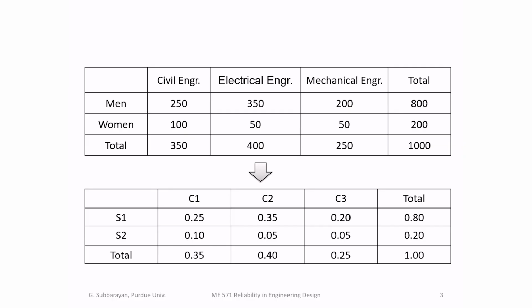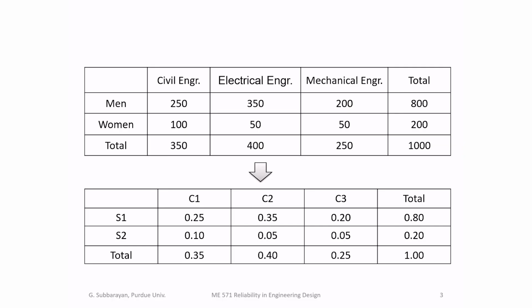Now the first question is, what's the probability that a student is a woman and in mechanical engineering? What we are seeking is the probability of S2 and C3, or C3 and S2, and that probability is 0.05.